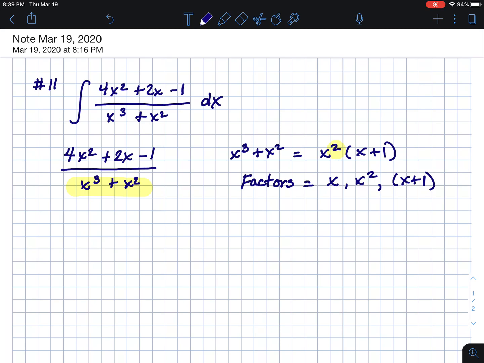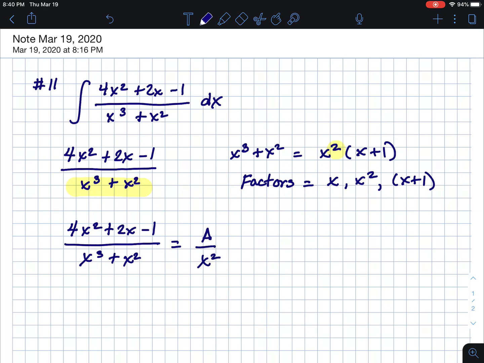Okay, so we're going to rewrite this as 4x squared plus 2x minus 1 all over x cubed plus x squared equals A over x squared. I mean, it doesn't really matter what order you put it in.